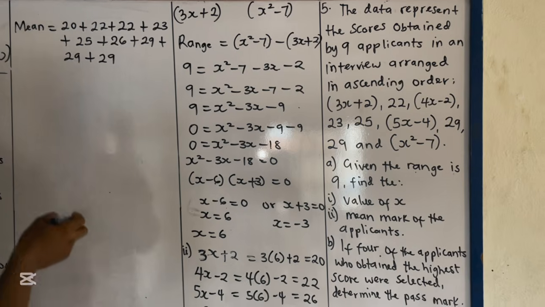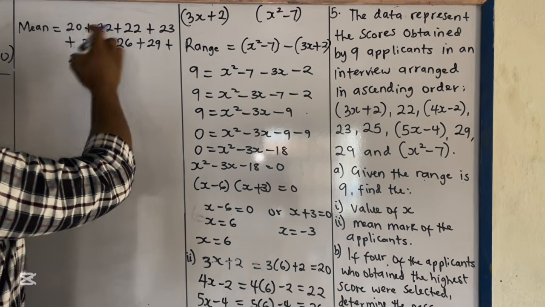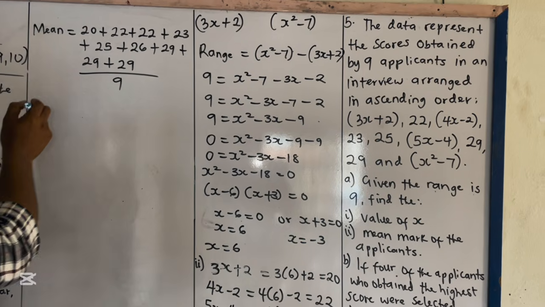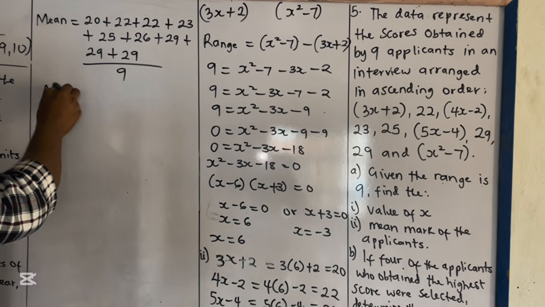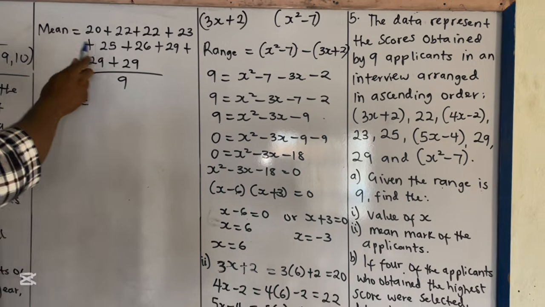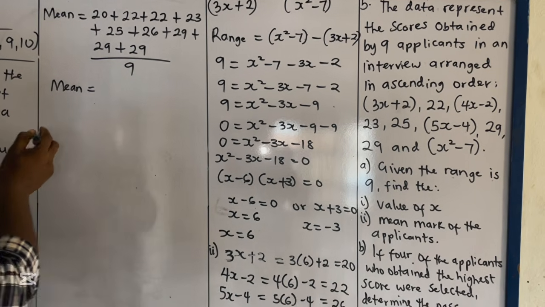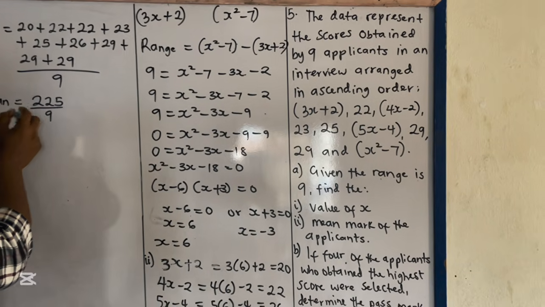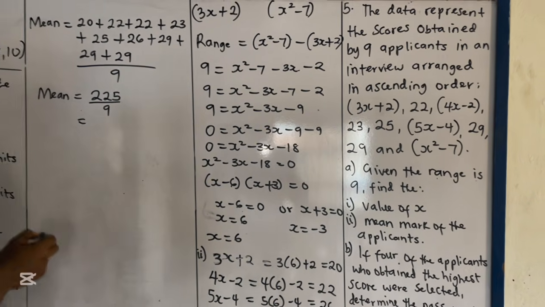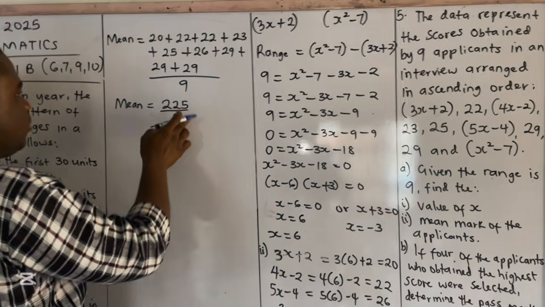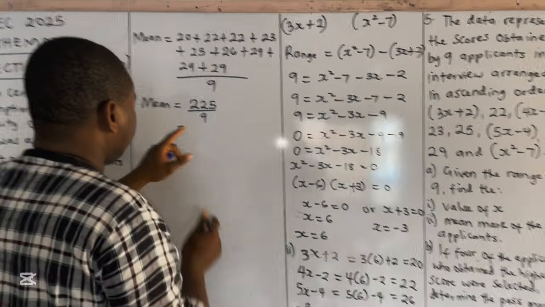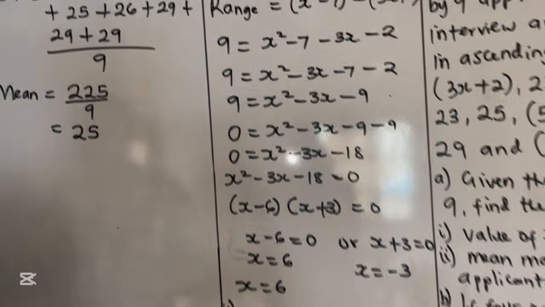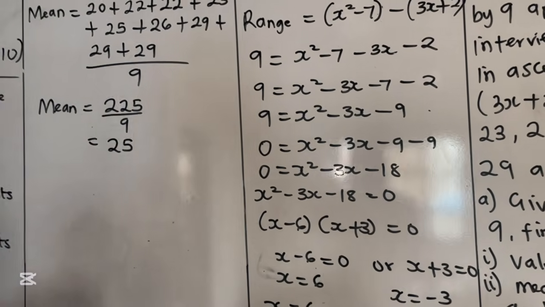So in this case, 1, 2, 3, 4, 5, 6, 7, 8, 9, there are 9, so we divide by 9. If you add all this, you have 225 divided by 9, and this will give me 25. So the mean is equal to 25.